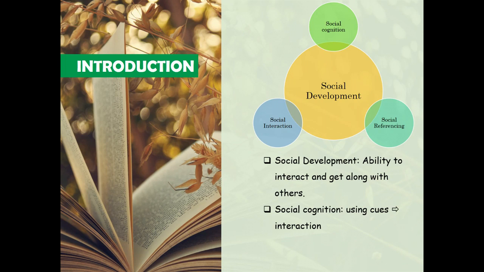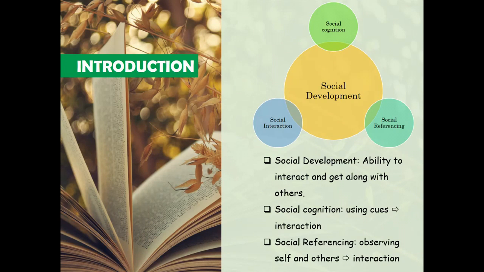And what are cues? Cues are like processed information that we get from the interaction or our pre-existing knowledge that will help us in order to respond to interaction in the most appropriate way. And that is when social referencing comes into play.